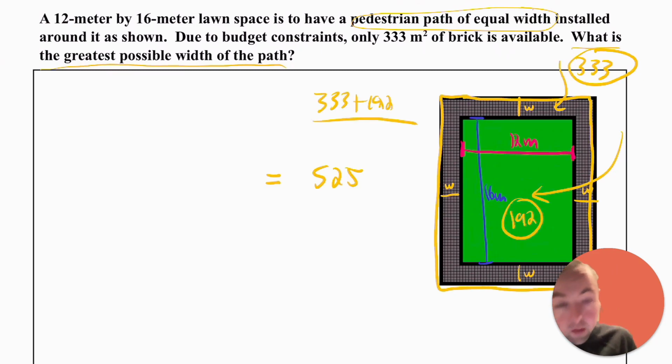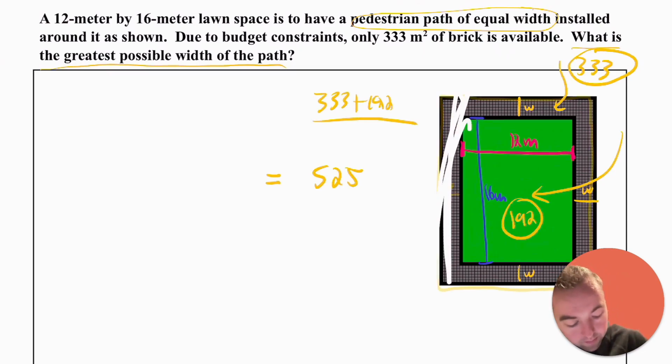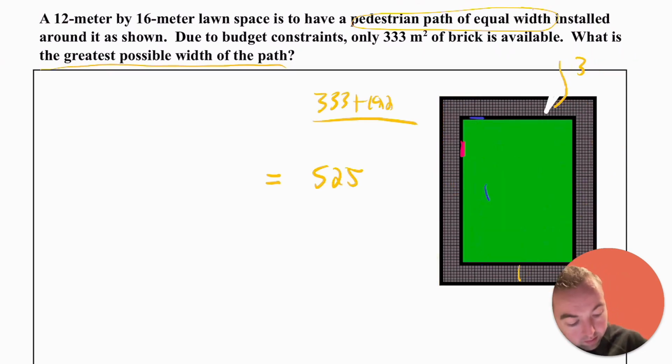We can get the area of that overall rectangle if we take its length times its width. So I'm going to erase some of this stuff. If I figure out what the overall length of this is, right?